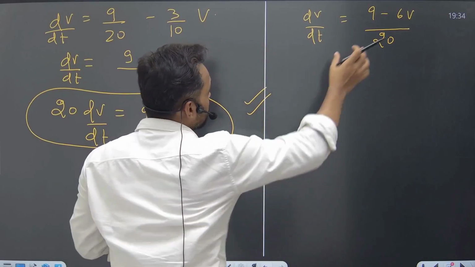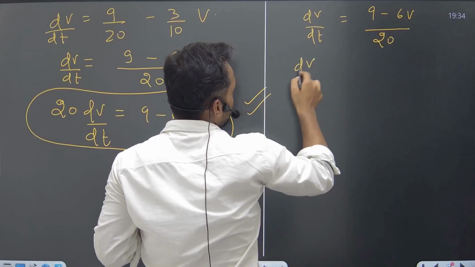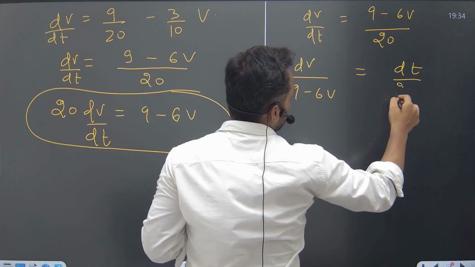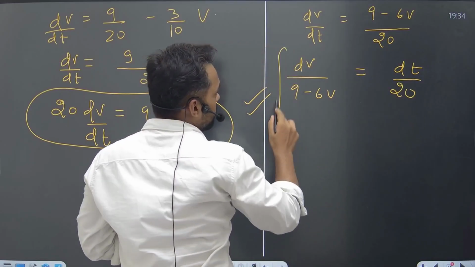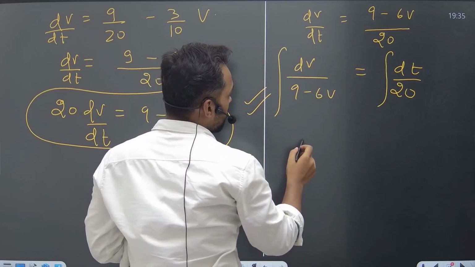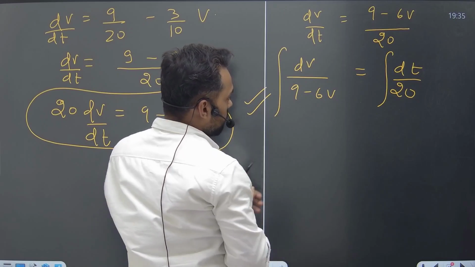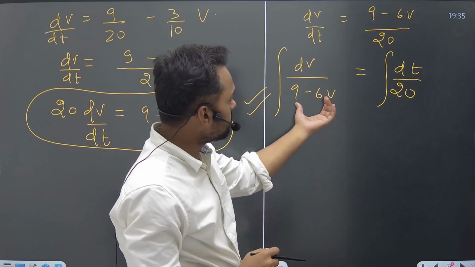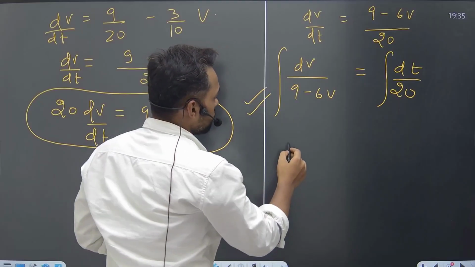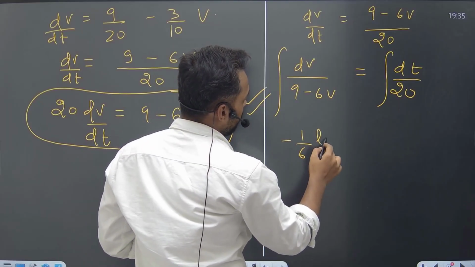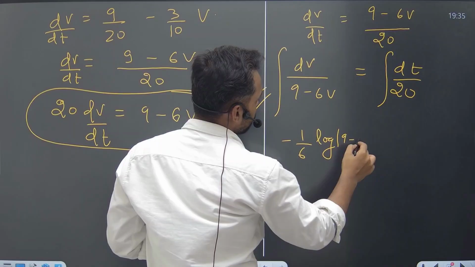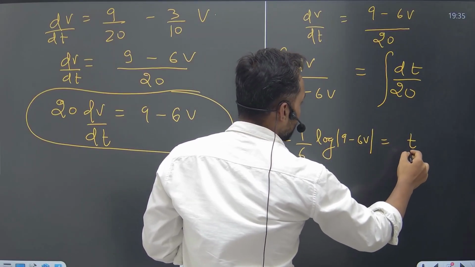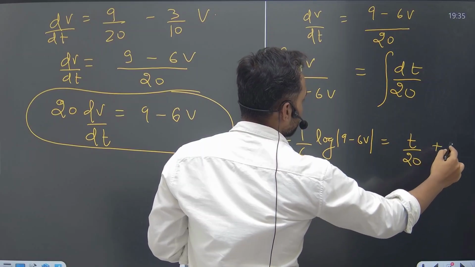We take 9 minus 6V equals dt by 20, and integrating both sides, this is the format of a negative bx integration. You will get 1 by 6 log of 9 minus 6V equals the integration of dt, which is t by 20 plus c.